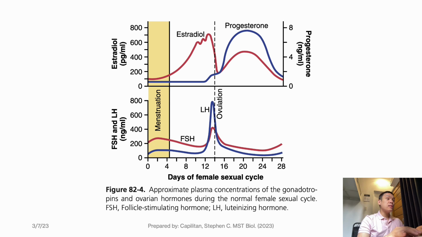It will increase until 8 nanograms per ml. On the other hand, with the FSH and LH, both of them increase in the ovulation phase, except that the FSH will be a little bit higher compared to the luteinizing hormone. And then afterwards they go back to their original levels after ovulation, with the FSH slightly higher compared to LH.